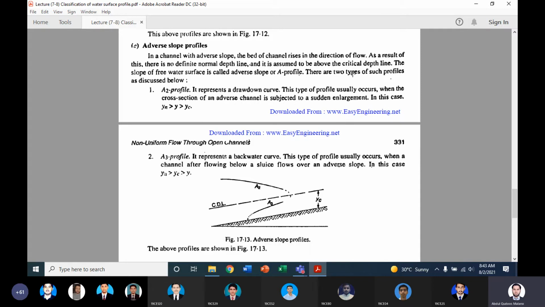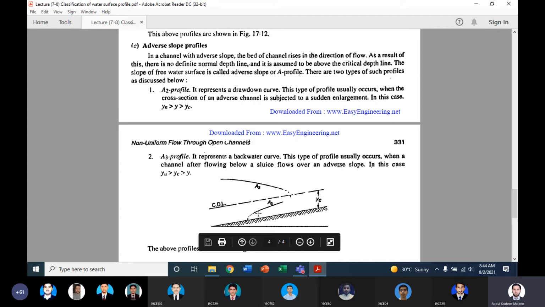So there are two types of such profiles. अब इसमें आपको दो ही केस मिलेंगे, जैसे क्रिटिकल में मिले थे A2 A3, because the second means normal depth is not defined, so the first zone is not defined कि कहाँ से शुरू होगा. So again for the second zone we'll have the drop down curve. So normal depth, if it is going to be greater than the depth of the flow, depth of the flow will be greater than the critical depth.